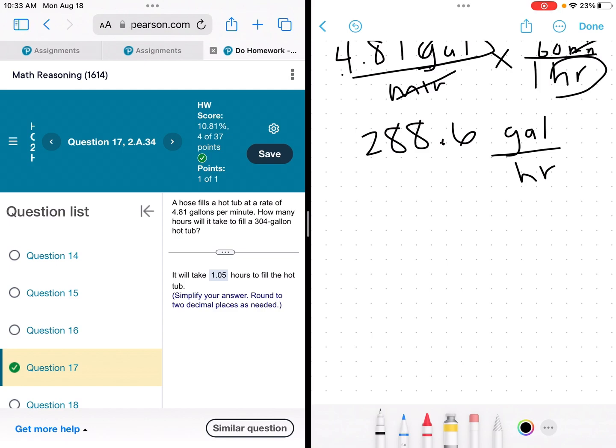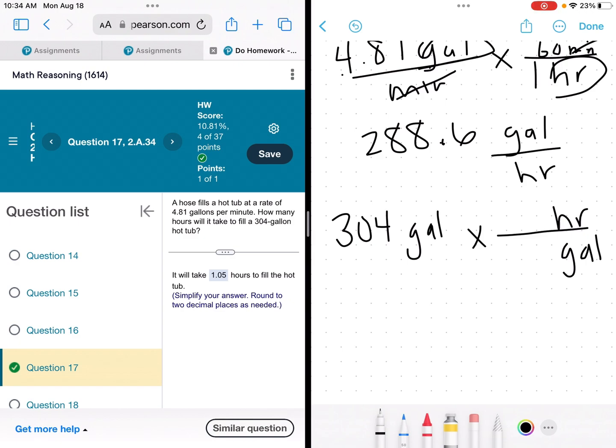Now we have a hot tub that has 304 gallons, and we're going to fill that up. So now we're going to use our conversion and see how long it will take. If I want the hours to stay and the gallons to divide out, I need to flip this.